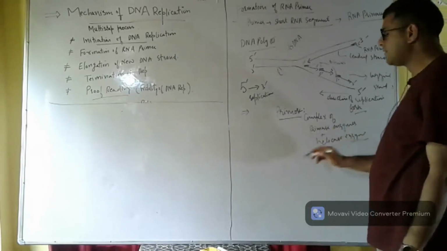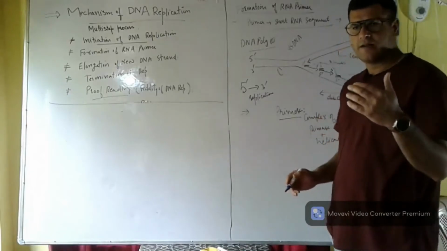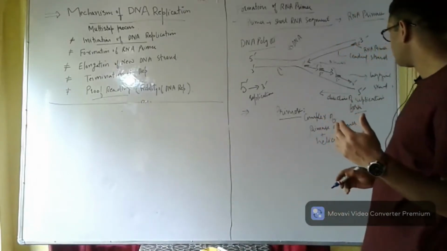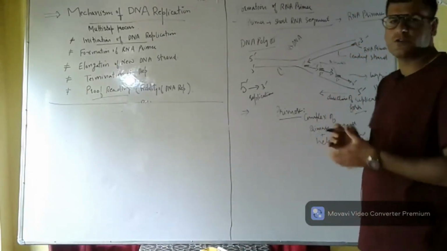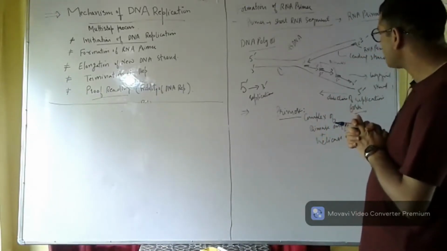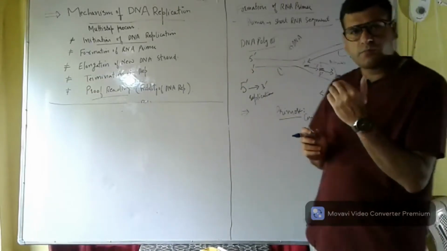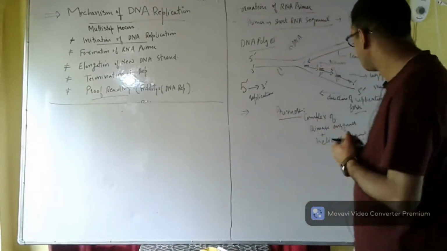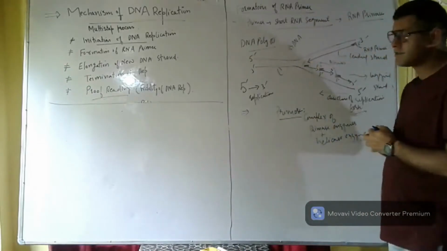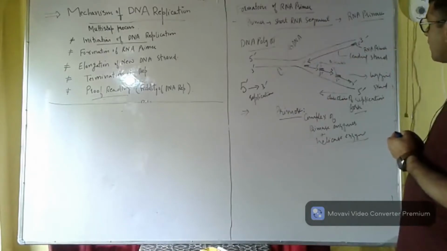We call this complex of enzymes, which contains the RNA primase enzyme and the helicase enzyme, together the primosome. So it is a complex of enzymes, the primosome, and this primosome is involved in the formation of RNA primer basically. One of the important components of the primosome is this RNA primase, which is responsible for the synthesis of the RNA primer.